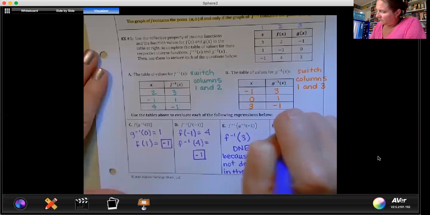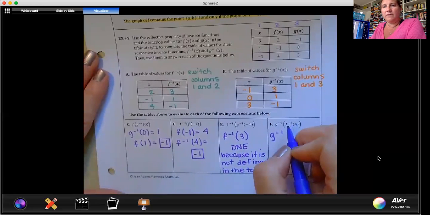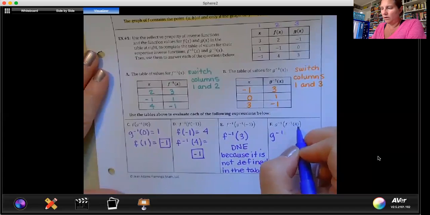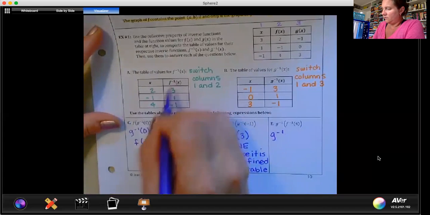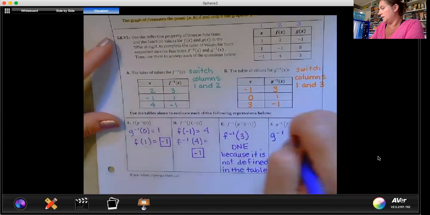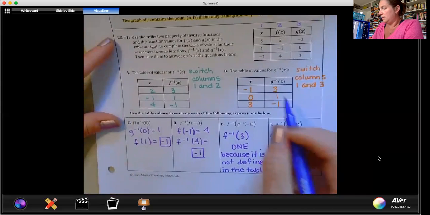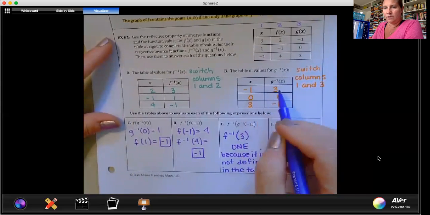All right, the inverse of g of the inverse of f at 4. The inverse of f at 4 is negative 1. And the inverse of g at negative 1 is 3.